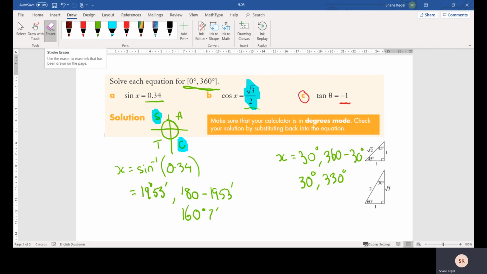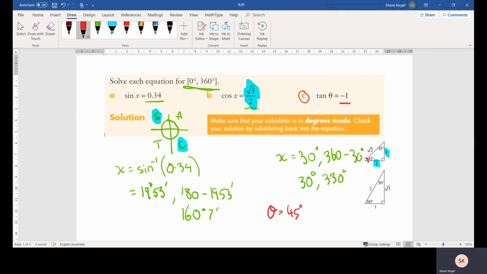Now tan is O over A, so 1 divided by 1 gives me 1. So I can safely say that theta must have been taken from this angle here, 45 degrees. So theta must equal 45 degrees.